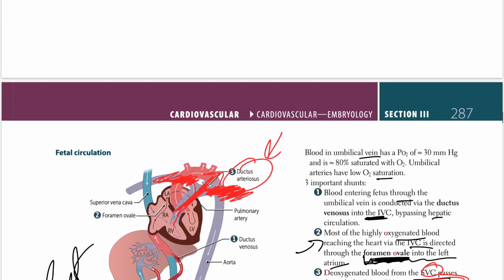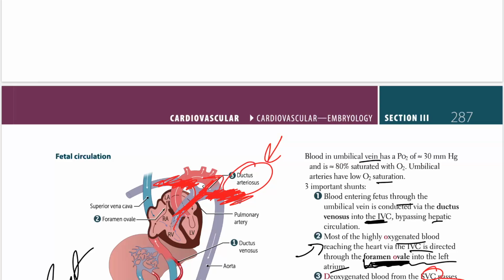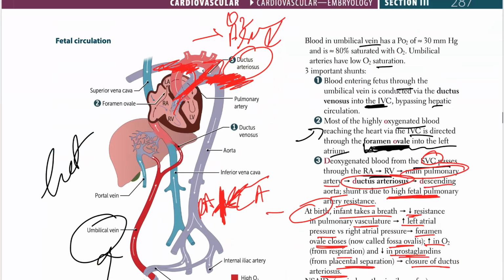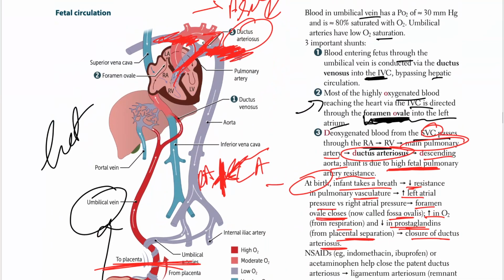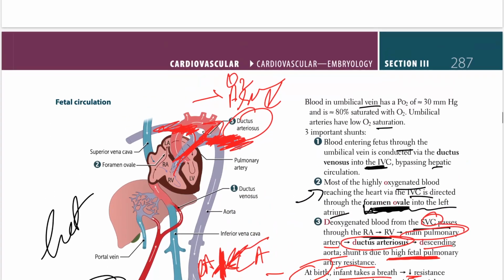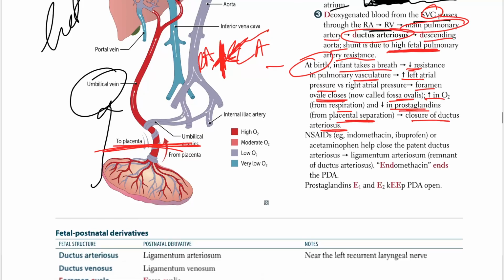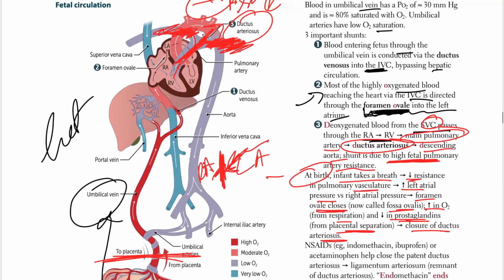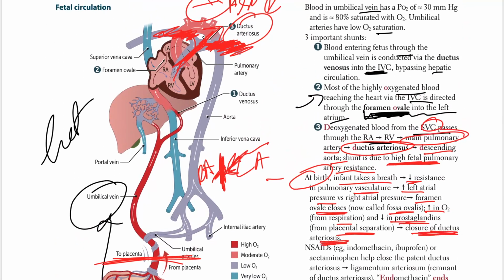So what's maintaining the ductus arteriosus? This is high yield: O2 and prostaglandins from the placenta. When you have an increase in O2, because now you're breathing on your own, and you don't have any more prostaglandins, it's going to close the ductus arteriosus.